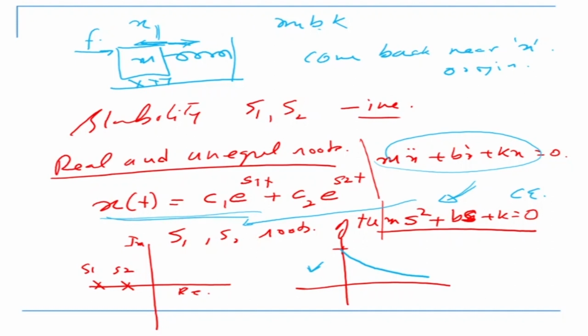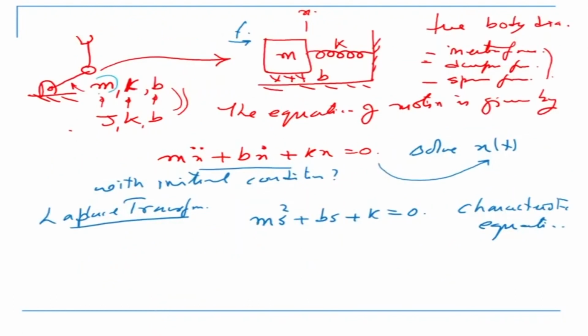This basically tells us how the link is going to behave when we give an input to the motor and the link moves. The link is being modeled as a spring mass damper system: it has a mass, it has stiffness, and it has some damping. How it behaves depends on the values of m, b, and k.